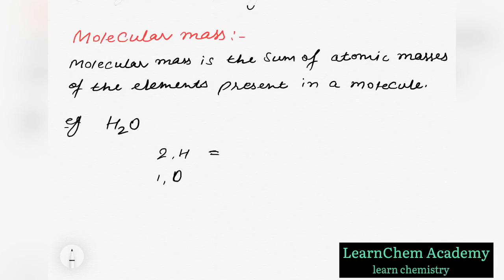If we sum their atomic masses, it will be 2 into 1, because the hydrogen atomic mass is 1, so we get 2, and the oxygen atomic mass is 16, so 1 into 16 gives 16, and their sum is 18. So 18 is the molecular mass of one water molecule.